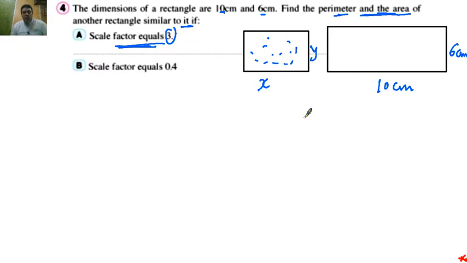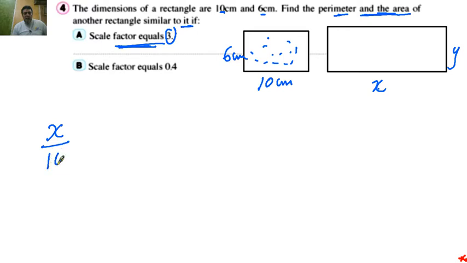Then x over the length of the first rectangle, 10, equals y over the width of the first rectangle, 6, equals the scale factor, 3 to 1.